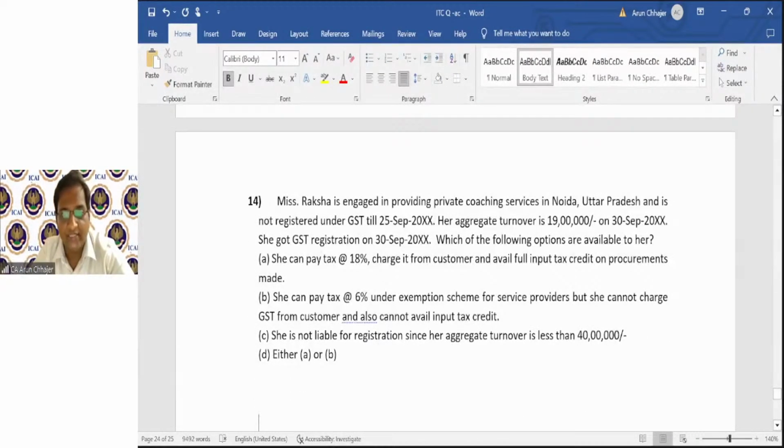Miss Raksha is engaged in providing private coaching services in Noida. So अभी ये काम करते हैं, 10 मिनट का ब्रेक लेते हैं.